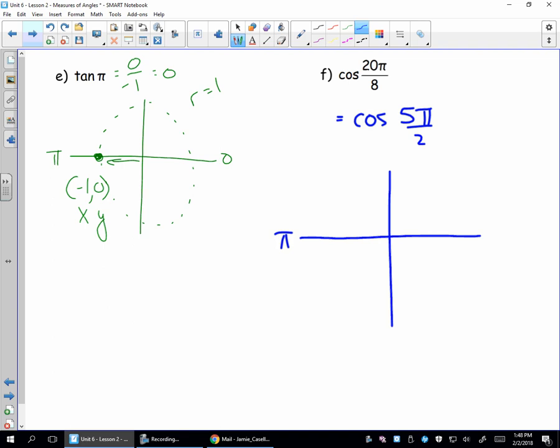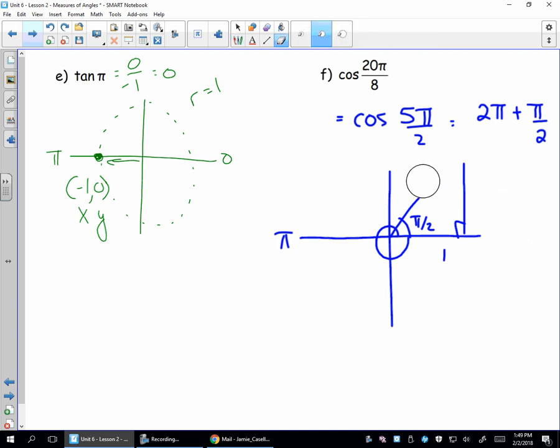Okay, let's think about that. 5 pi over 2 is like saying 2 pi plus a pi over 2, right? 2.5 pi. So I've gone all the way around, the whole 2 pi, and then another half a pi.